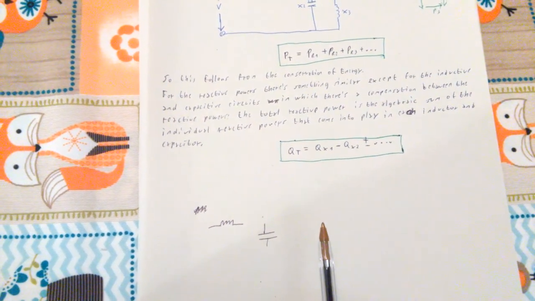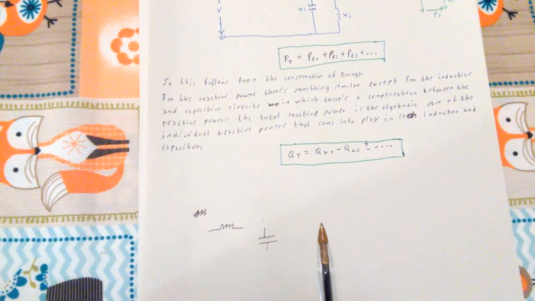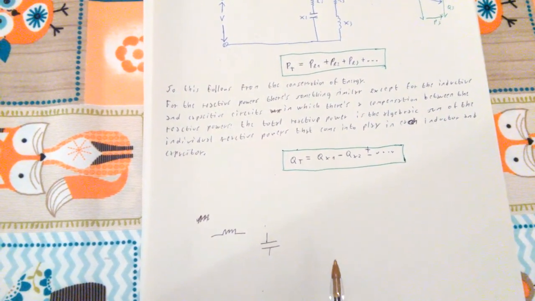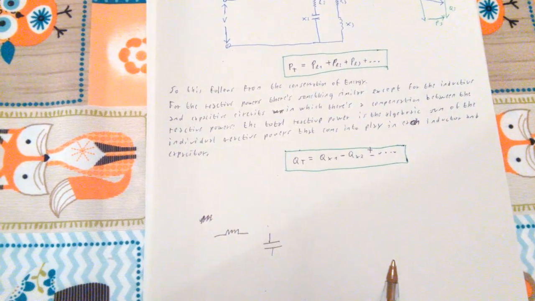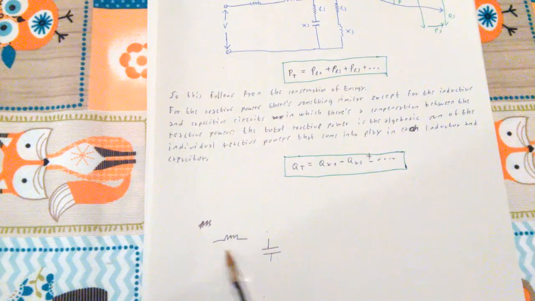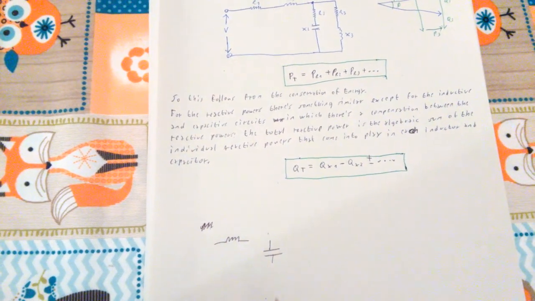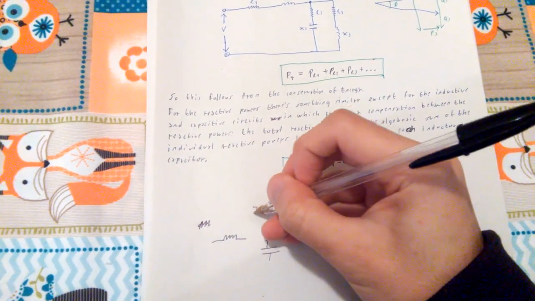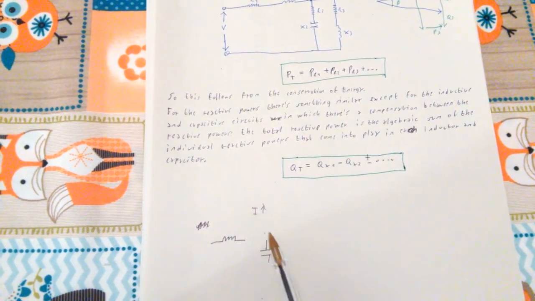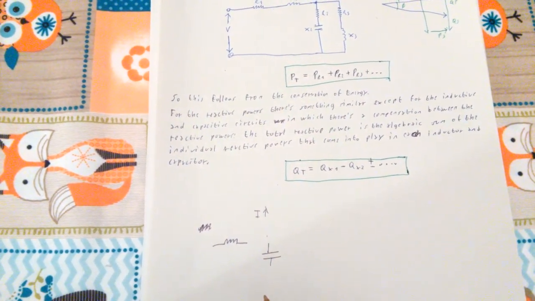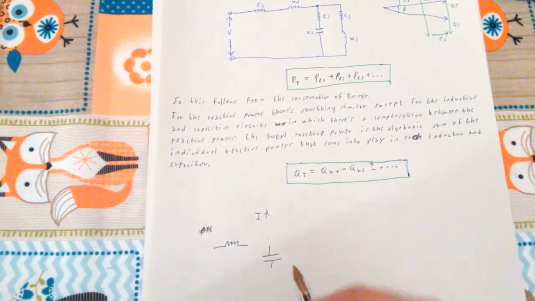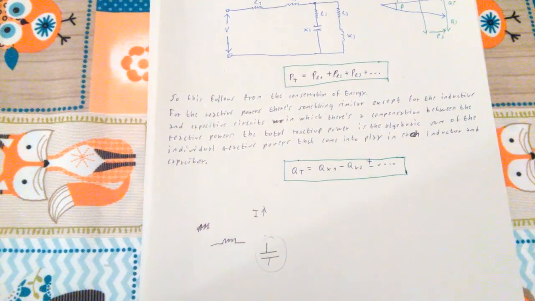So basically what happens is that if you have both of them in the same circuit, the magnetic field that is across the inductor, when the current goes up, gets the energy which is freed from the electric field of the capacitor.